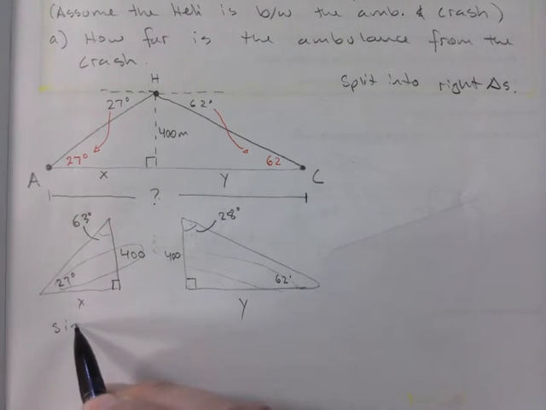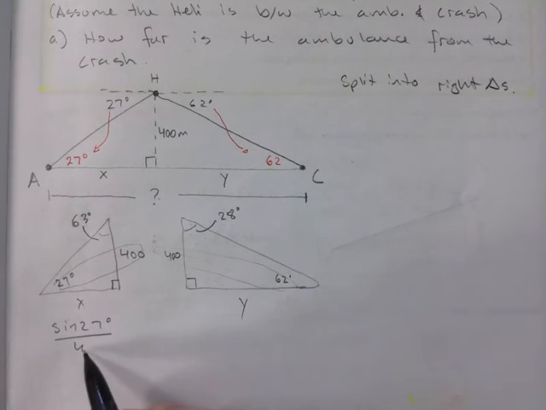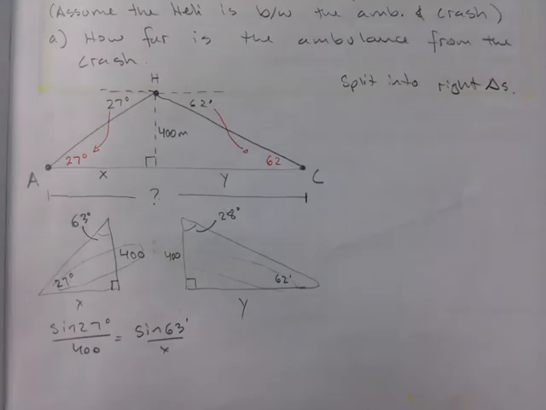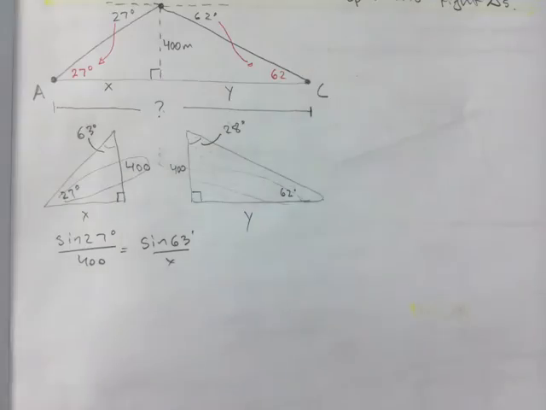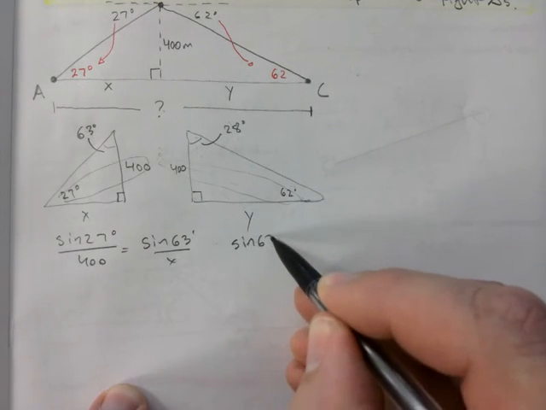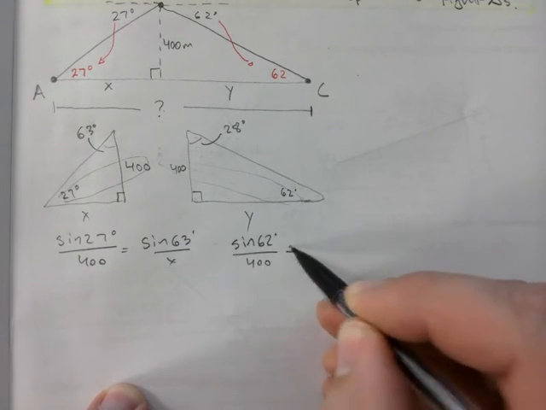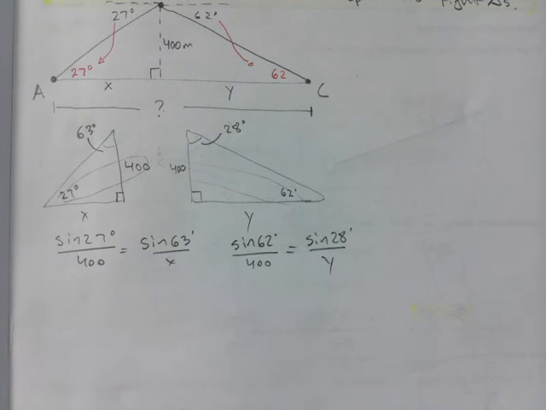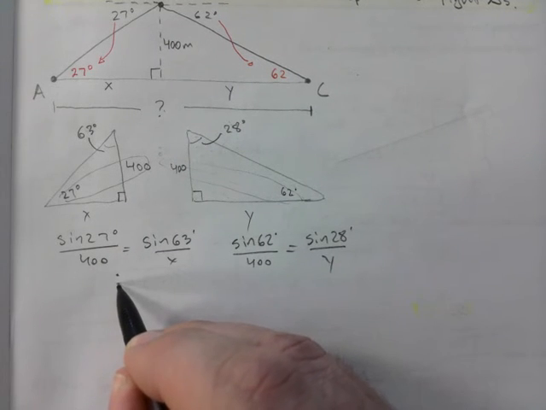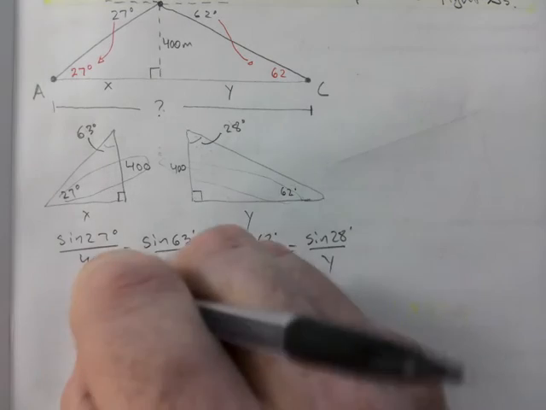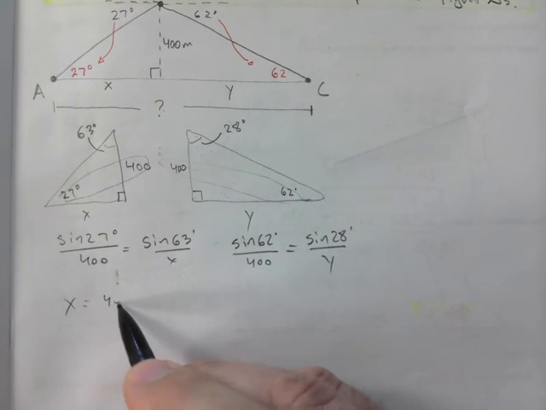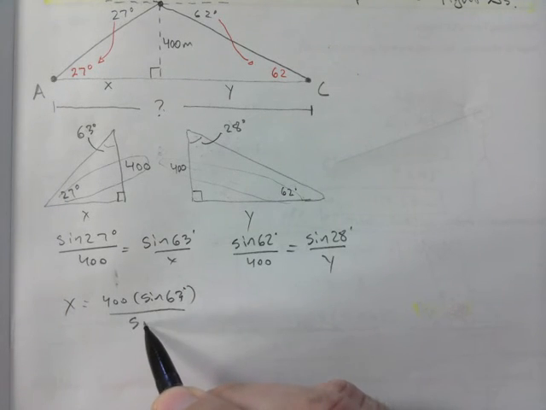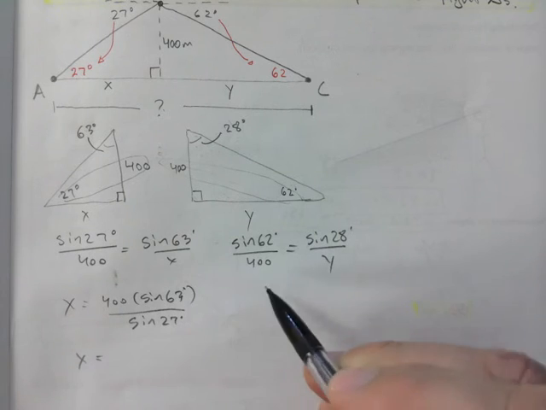And so now you can go sine of 27 over 400 is equal to sine of 63 over x. You can't see that, can you? There. And then on this side, sine of 62 over 400 equals sine of 28 over y. If you need to just write down the answer, then you do that.